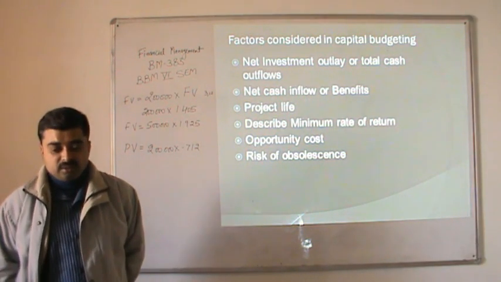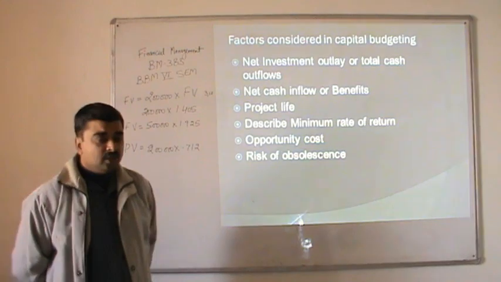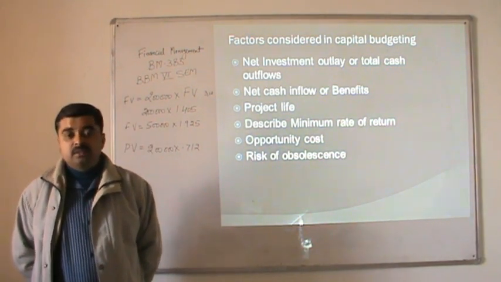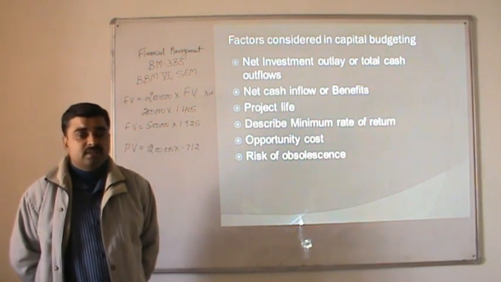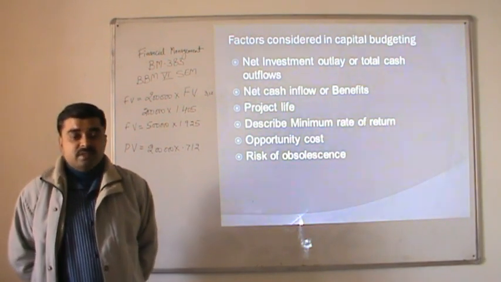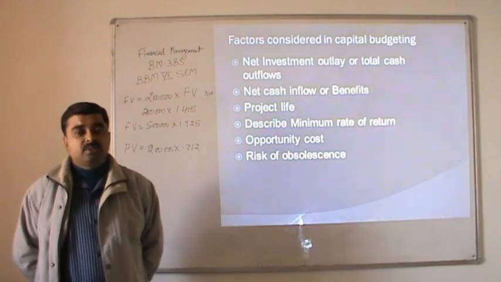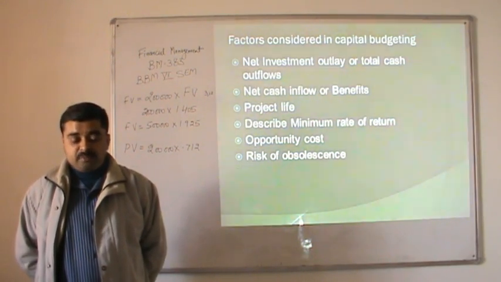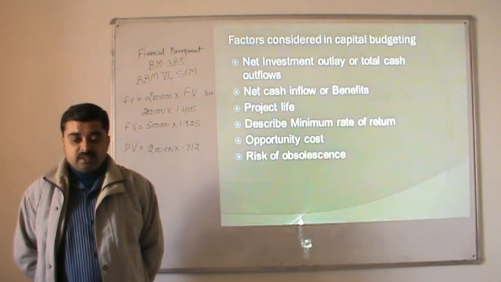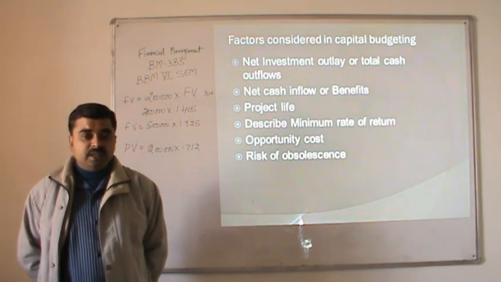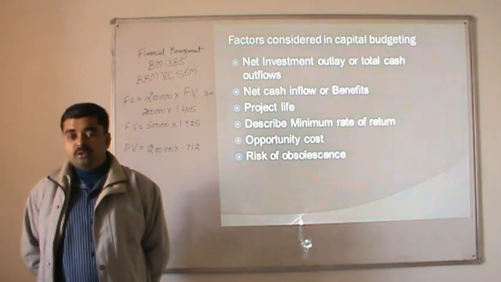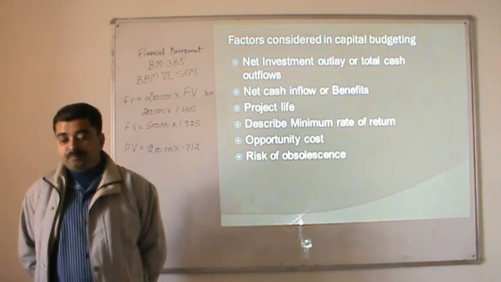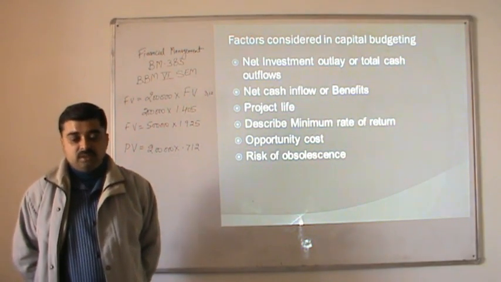Minimum rate of return is another consideration because every company is getting money with the help of various types of capital. Each type of capital has its own cost. So the cost of each type of capital is to be covered and that is why a company has to decide the minimum rate of return that should be earned by the company with the help of the capital budgeting project.